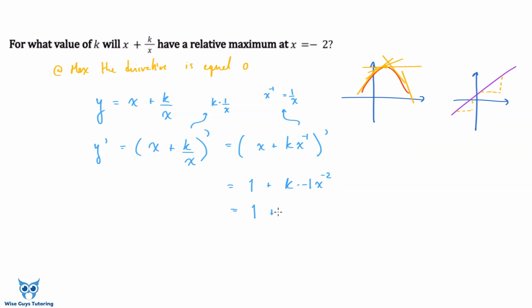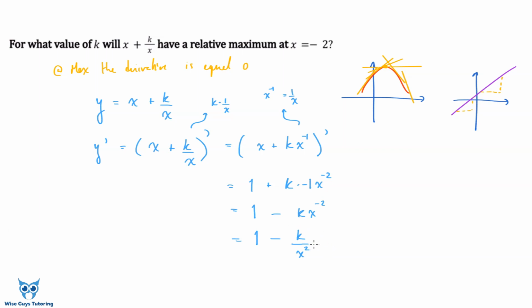You have 1 plus negative k, so instead of plus I'll just put minus k, times x to the minus 2. And as we saw, when you have a negative exponent, it means flip, right? Go downstairs. So this becomes 1 minus k over x squared. So the x to the minus 2 means flip it over. It goes down.